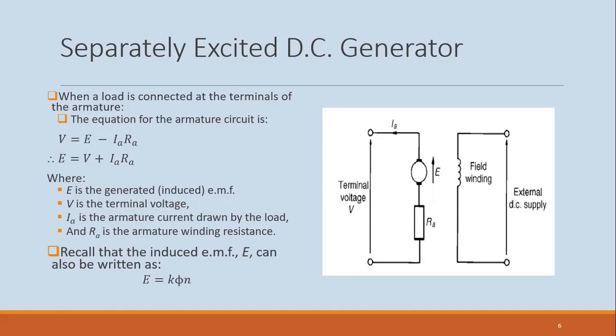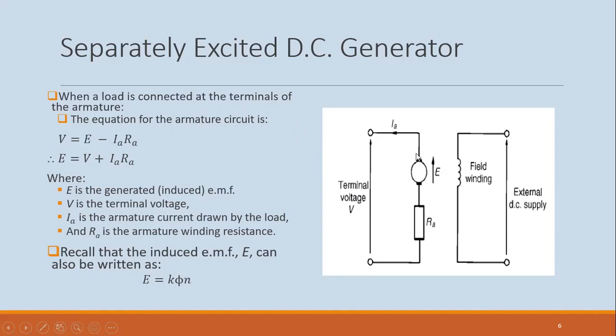All right, so when a load is connected across the terminals, a current IA will flow into the load, and the terminal voltage would be equal to the generated EMF minus the voltage drop across the armature.